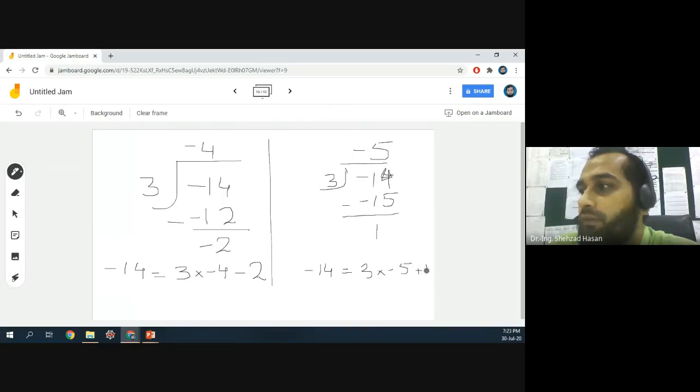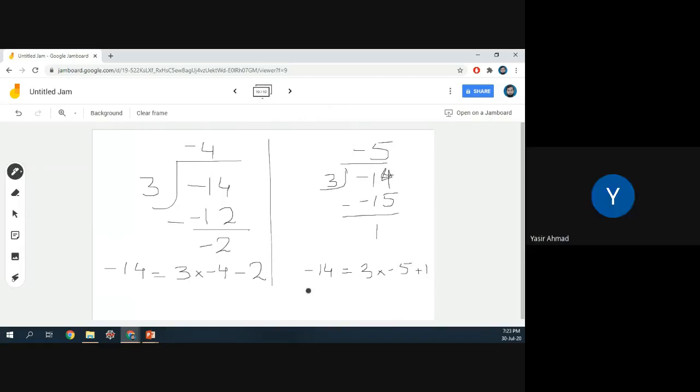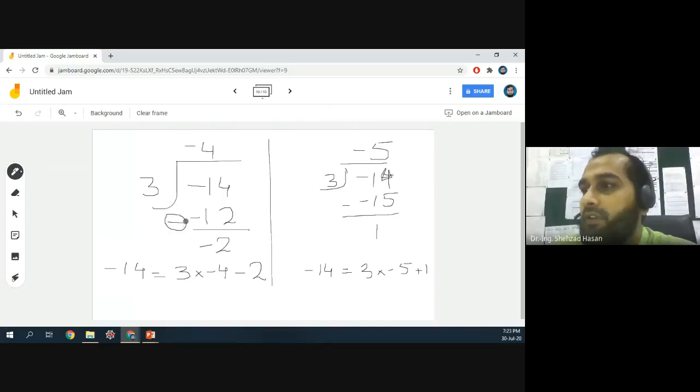Any confusion here? Sir, why are you adding extra minus earlier to minus 12? This one here? Yeah, this one. This is a normal operation. We are always going to do subtraction. This is the way that you do division on paper and pencil.